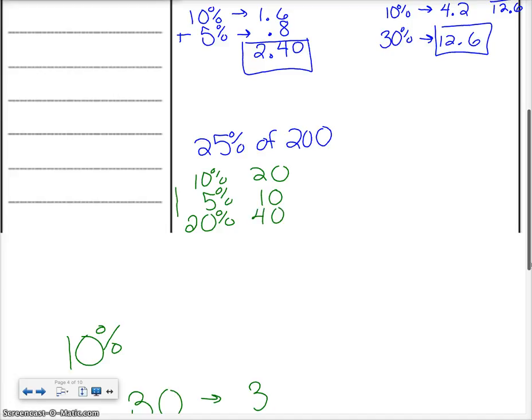So 25% is adding the 5% and the 20, so 50 is 25% of 200. Again, I didn't even end up using my 10% when I added things up. However, I needed it to calculate my 5%, and I needed it to calculate my 20%.